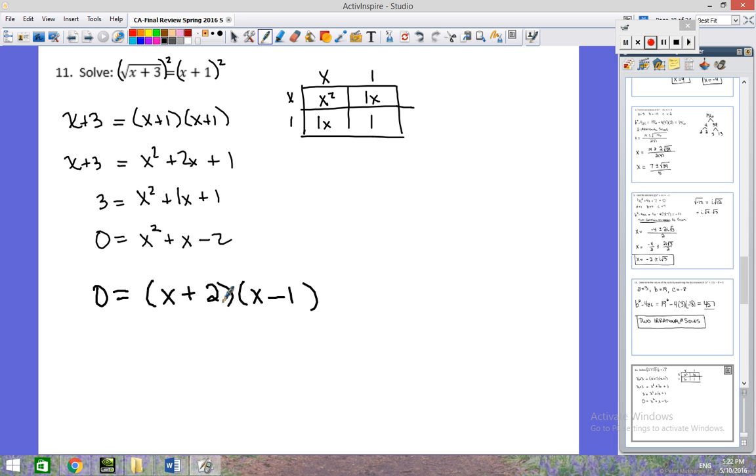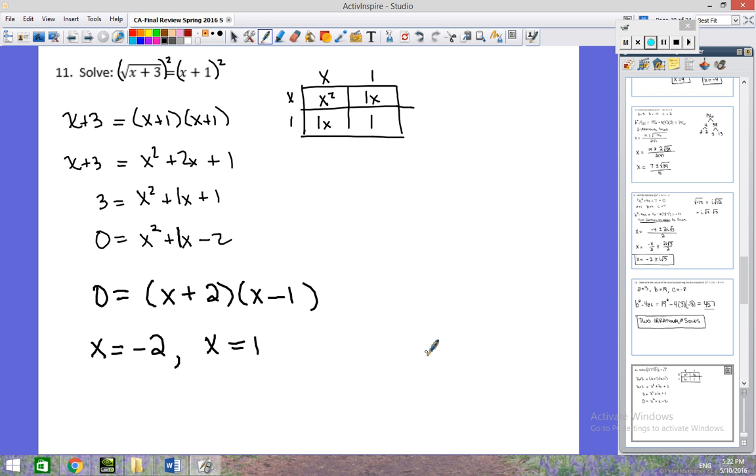And the bigger one in magnitude has to be positive. So between 2 and 1, I chose 2 to be positive because 2 minus 1 is 1. And positive 2 times a negative 1 is negative 2. That gave me possible answers of negative 2, because negative 2 plus 2 is 0, and 1.